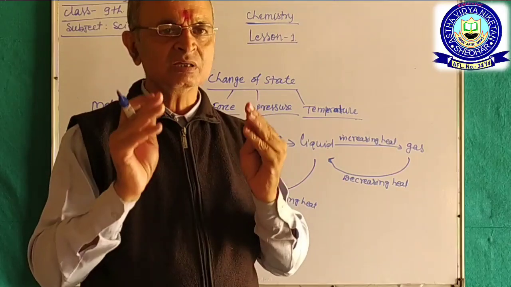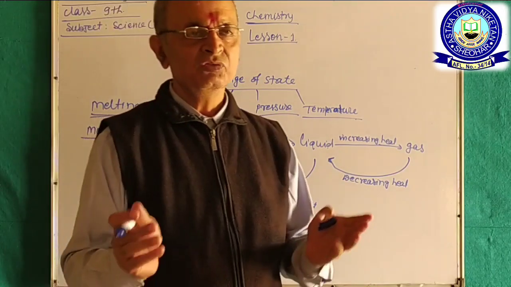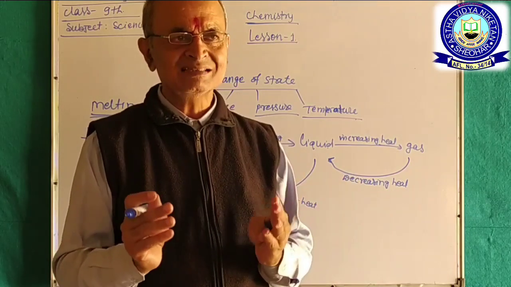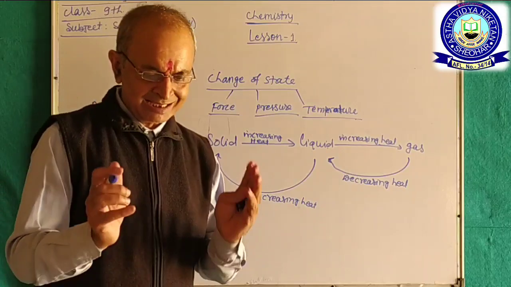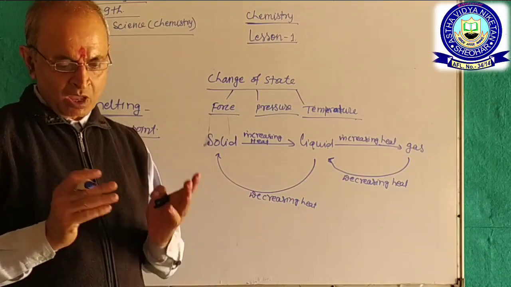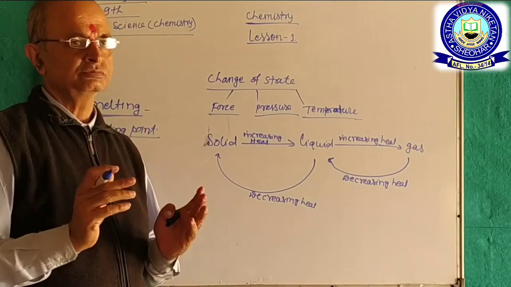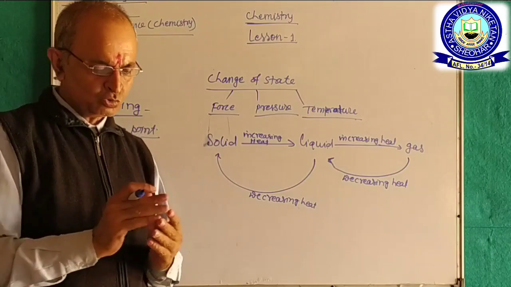There is a characteristic of matter which is called latent heat. Latent heat, the heat energy required to change the state of a matter is called latent heat. Learn well, repeat it again: latent heat means the amount of heat energy required to change the state.